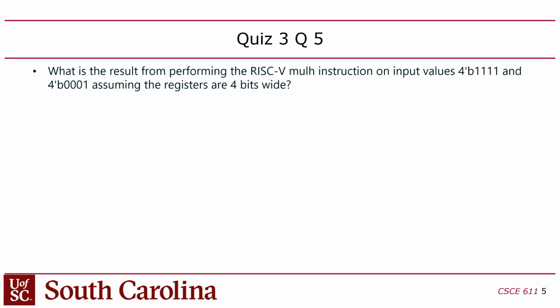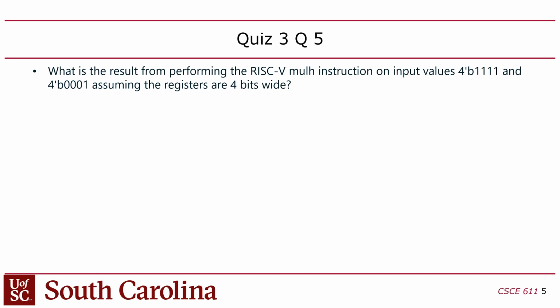What is the result from performing a RISC-V mulh instruction on input values 1111 and 0001, assuming the registers are 4 bits wide? So this is going to be assuming that these are signed, right? Because there's a mulh and a mulhu. As a signed number, a 4-bit value would have a range of -8 to +7 in 2's complement.